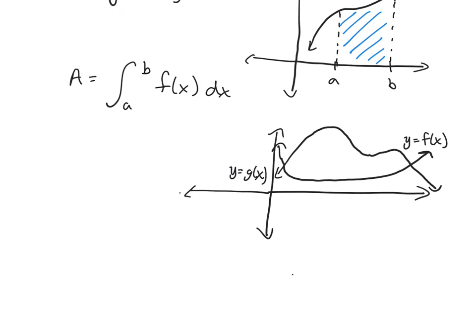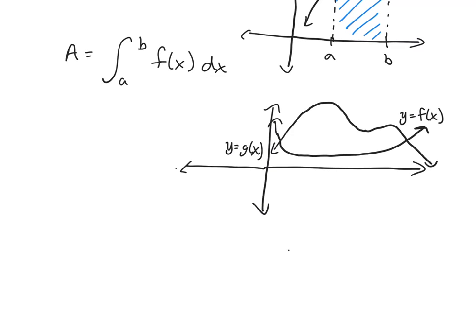So the way you get the area in this case, what you can do is find the area under the function on top, y equals f of x. So maybe I need some boundaries here between a and b. That's my boundaries.